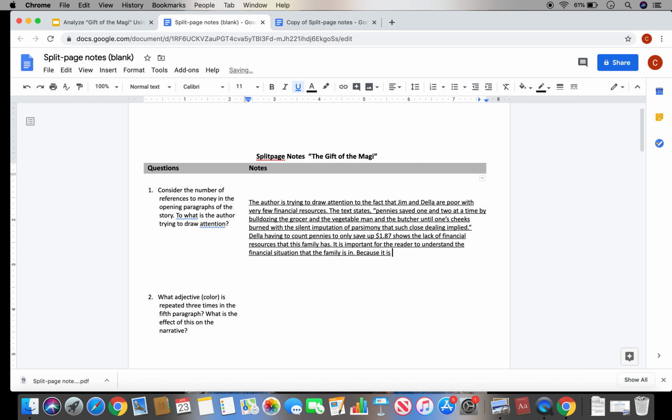So because it is Christmas time, and because they lack financial resources, it is significant to know their situation because it explains their motivation and sacrifices later in the story.